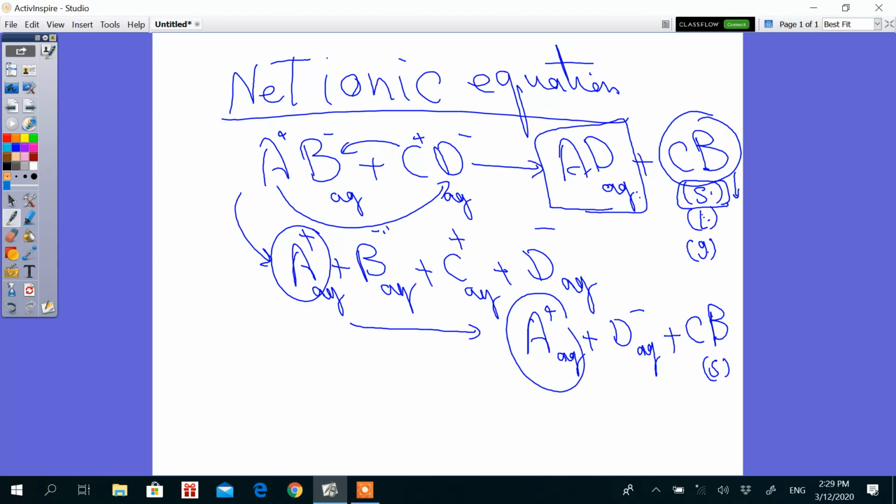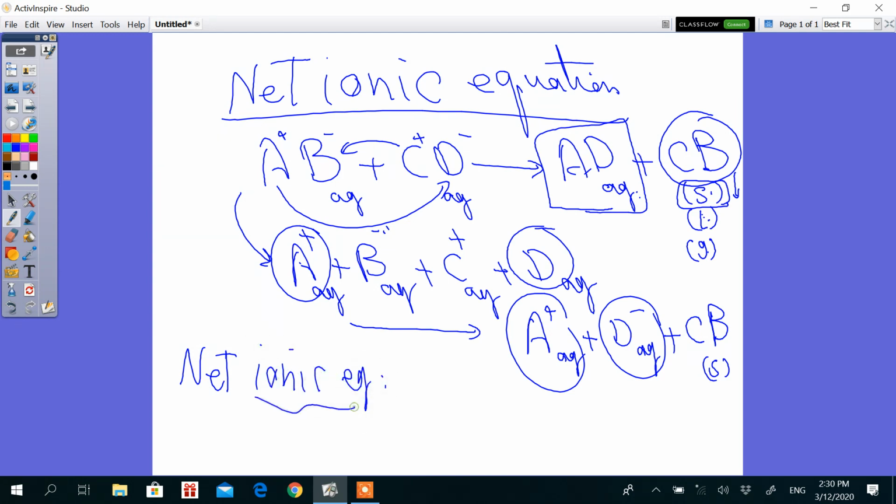The ions which are repeated, A is repeated, and also D is repeated in the reactants and products. So I will cancel them because they are still aqueous, like that: A aqueous, D aqueous, produce A aqueous plus D aqueous. To get my net ionic equation from the previous, I must write the ions which are included.